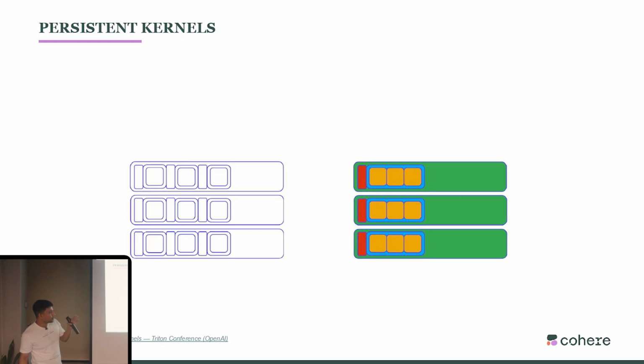The problem is when you don't have persistent kernels, which is the grid stride loop, you have these bubbles introduced by the hardware, and that's what we don't want in case of an asynchronous pipeline. So what we want is you launch the kernel once, and then you basically loop over that. And now you're introducing the bubbles just once in the pipeline.